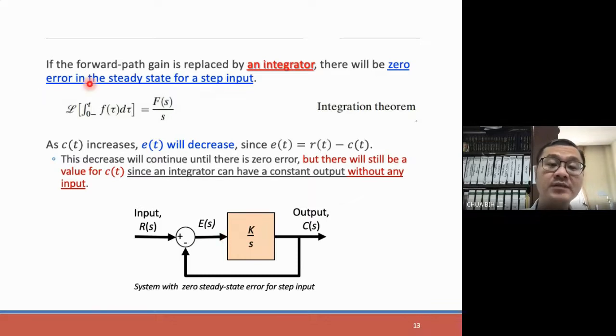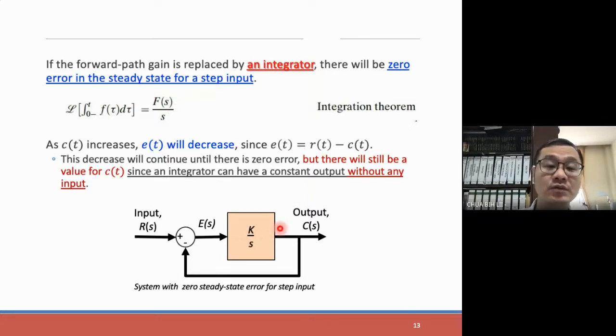That would be further explained in a later stage. But now what we intend to do is see the effect of all these components. The first one is the gain, which is the proportional transfer function. Now is the integrator. So what happens if we put an integrator in the transfer function here?